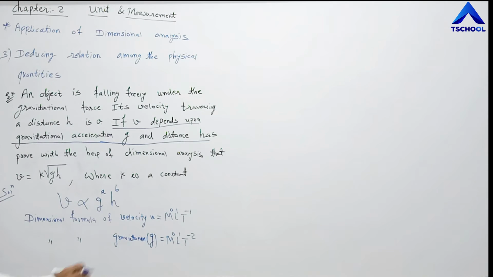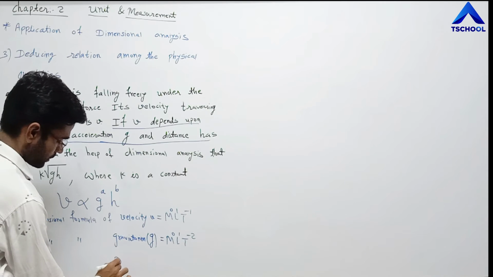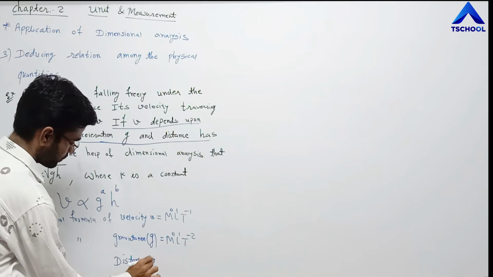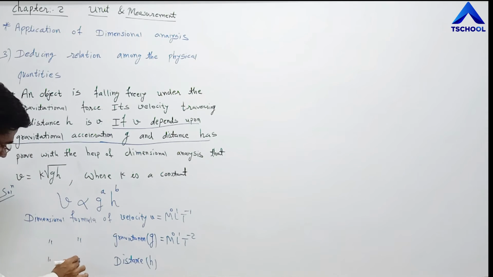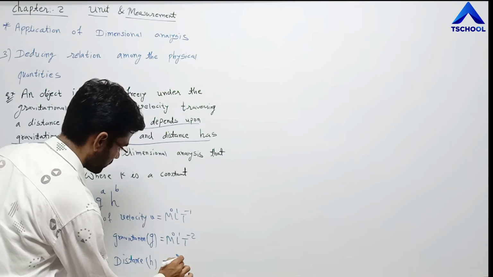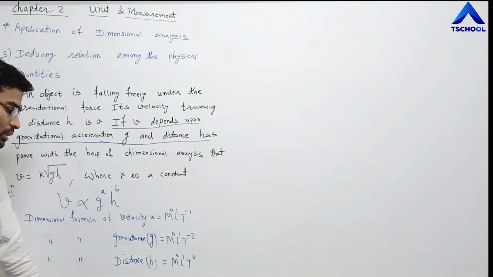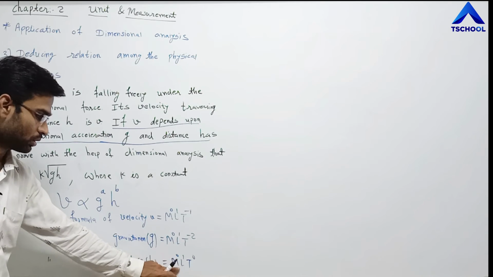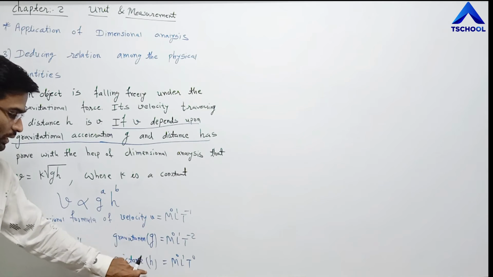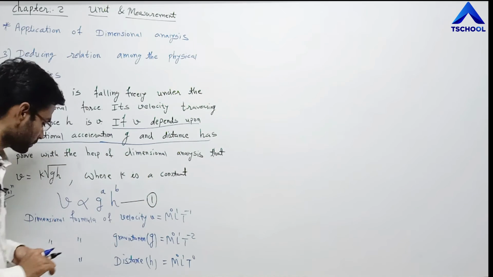And the dimensional formula of distance h is M0 L1 T0, because distance is measured in length. Now substitute the values of v, g and h in equation number 1.